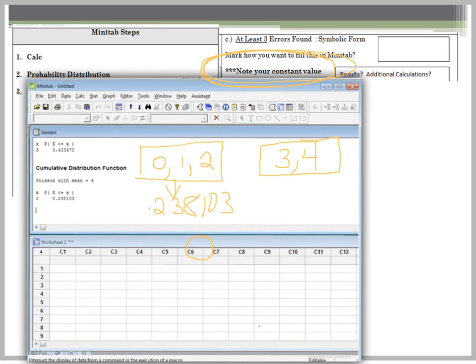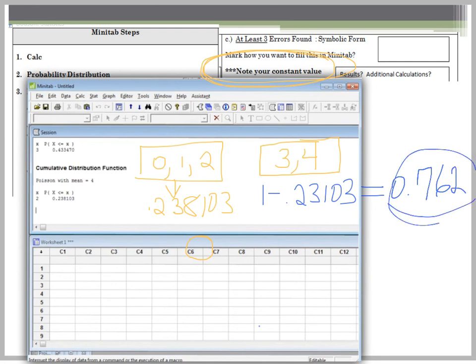So to find out how much is left over, then we need to go 1 minus 0.238103, and that would give us our remaining probability. So that tells us that our probability here is 0.762, which makes a lot of sense because there's a high probability that we would find 3 or 4 errors.